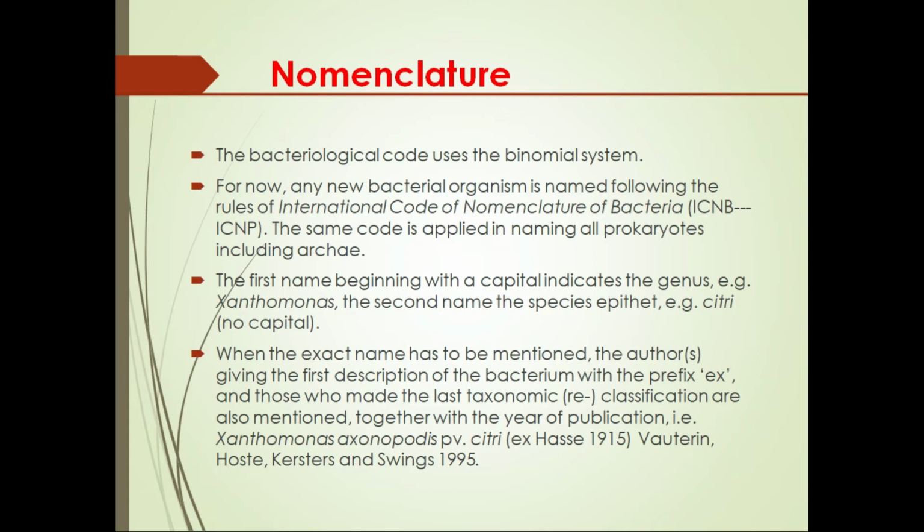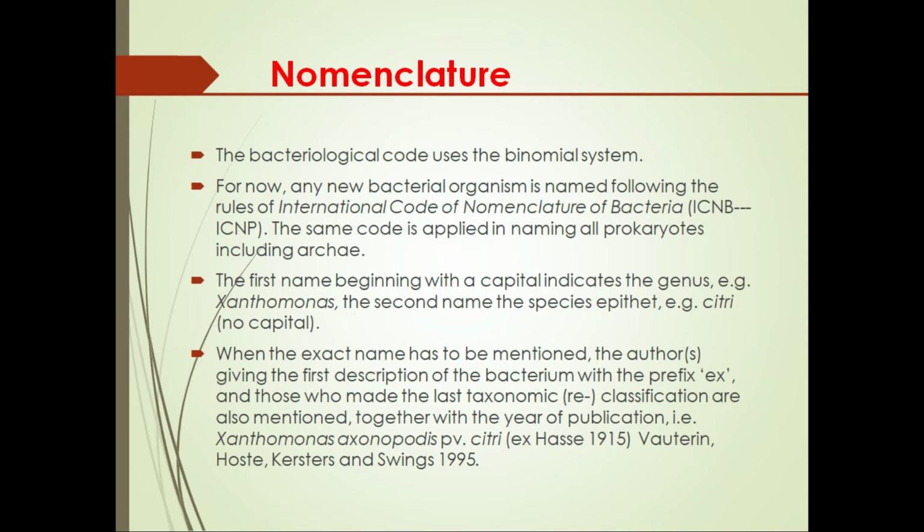ICBN is still used to name fungi, but bacterial nomenclature has been separated from ICBN, and we have got International Code of Nomenclature of Bacteria, ICNB, which is now International Code of Nomenclature of Prokaryotes, ICNP.